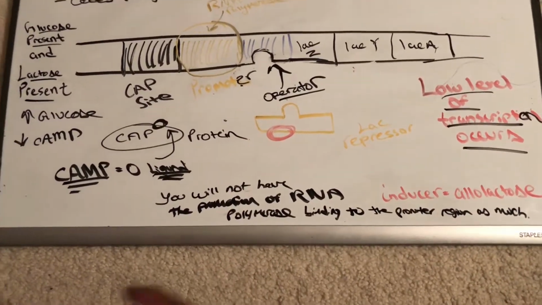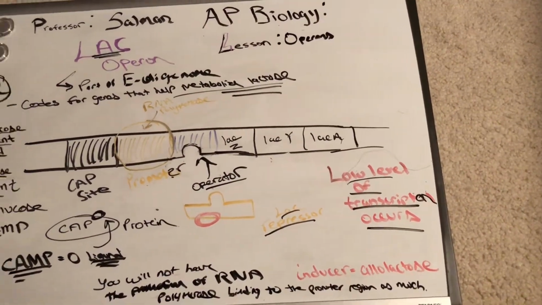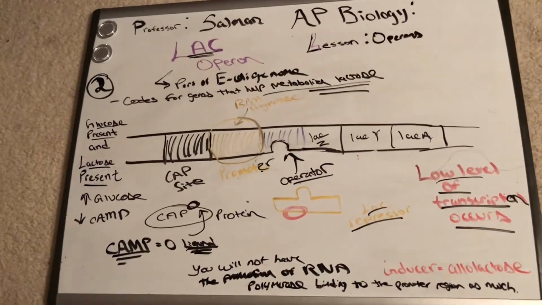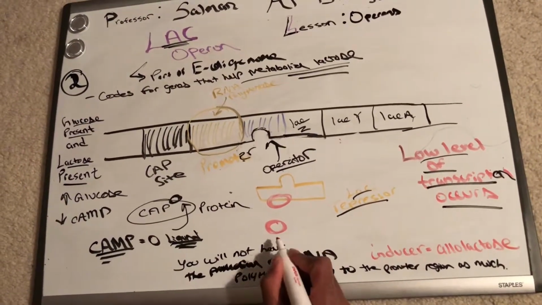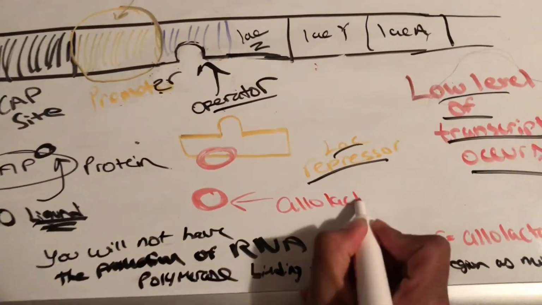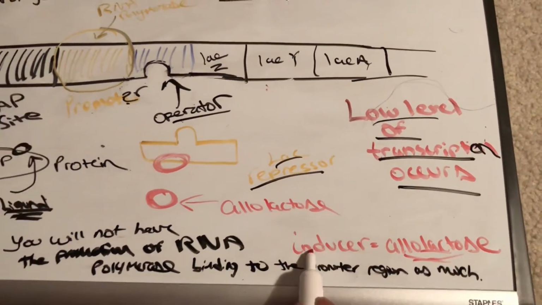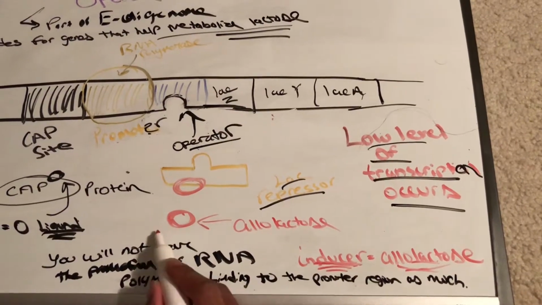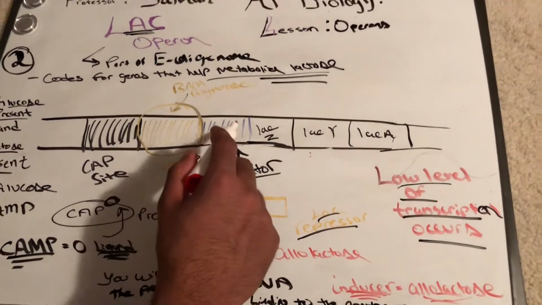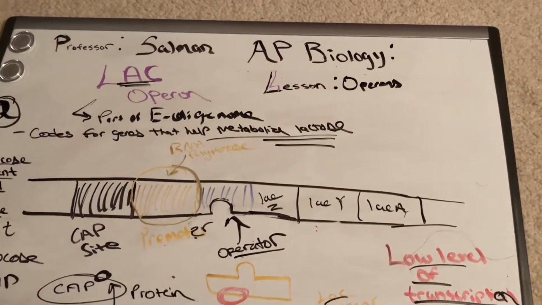And in this situation, you have this lac repressor, right? But since lactose is present, an isomer of lactose, this isomer right here, known as allolactose, which is also written here as well, acts as an inducer in this situation, and it will bind to the lac repressor protein, which basically disjoins the operator region from the repressor.